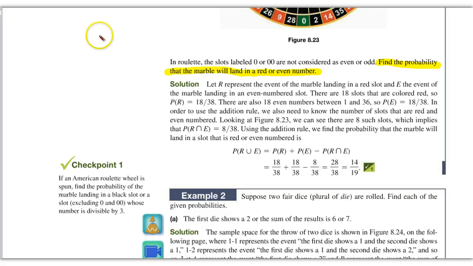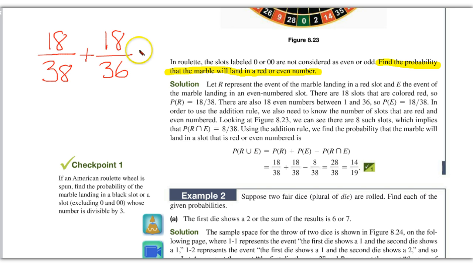Well, based on that, we said there are 18 that are red out of 38, and of the 36 numbers, there are 18 that are even, but we now have to subtract those that are already included.